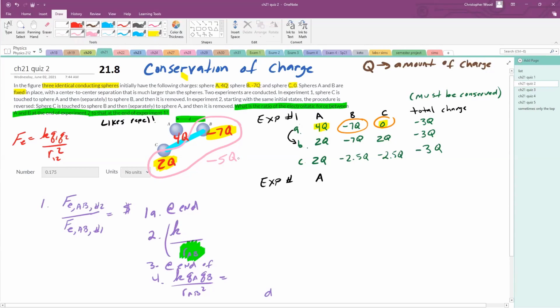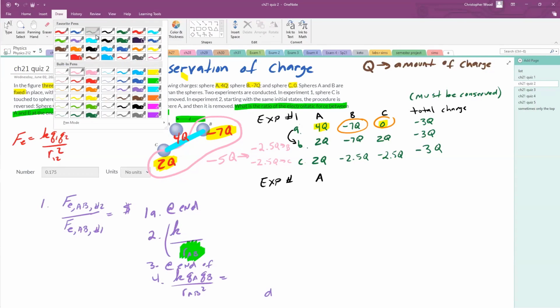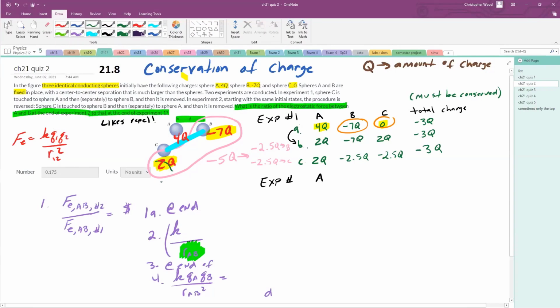If they're brought into contact, of this total negative 5Q of charge, negative 2.5Q of it will go to particle B, and then you'll have another negative 2.5Q of charge going to C. So this is what happens after B and C are brought into contact with each other. This will go to negative 2.5Q, and this will go to negative 2.5Q as well.